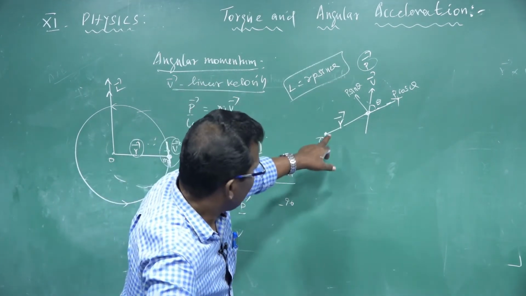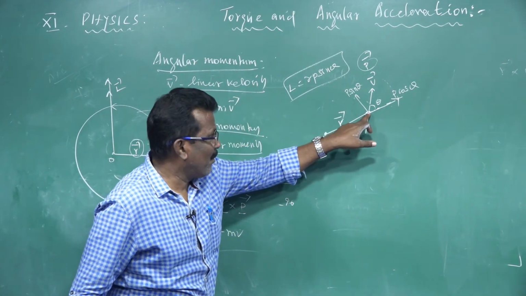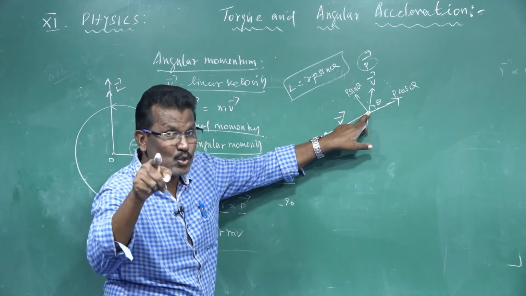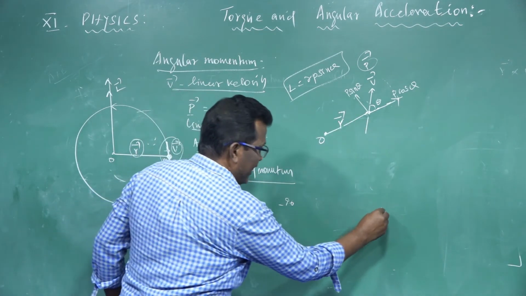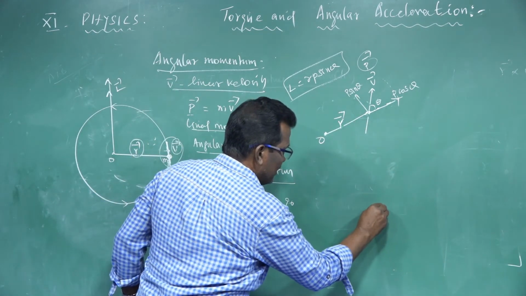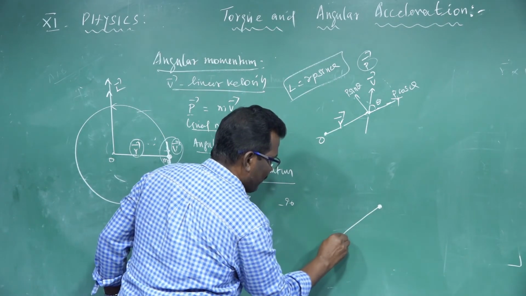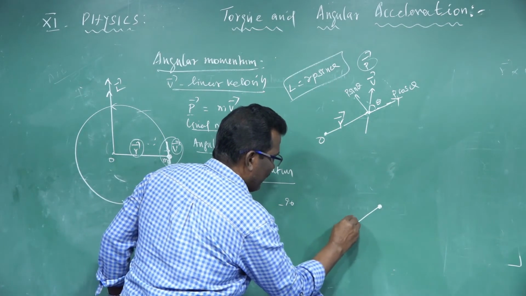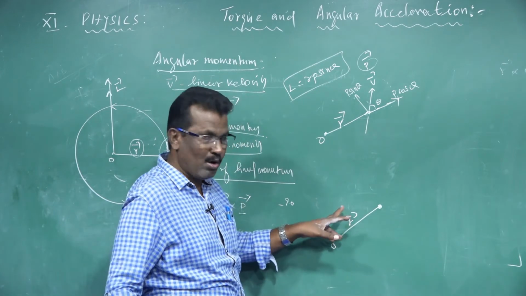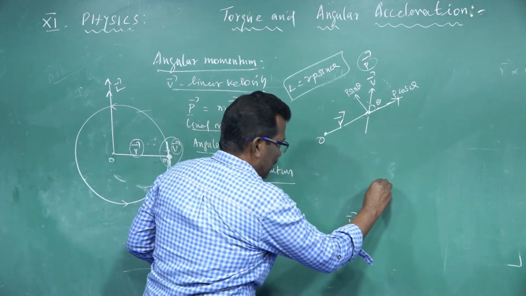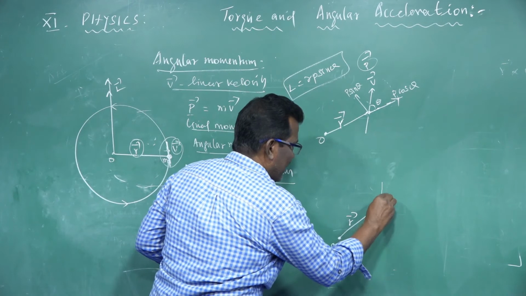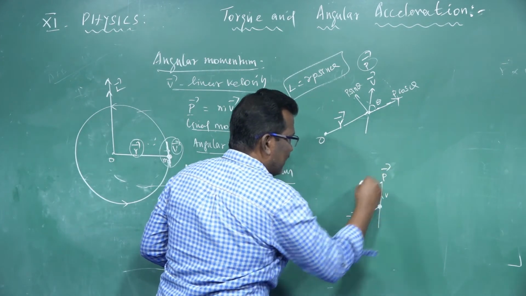Now take the same point mass, with r vector from the origin O. The body is moving with velocity v, so this is the p vector.